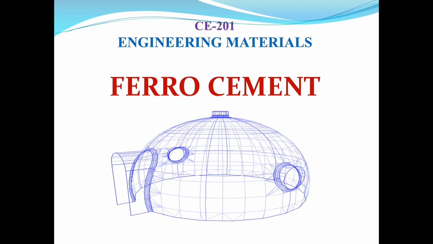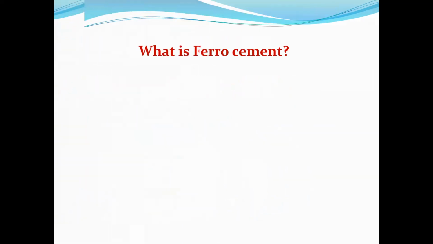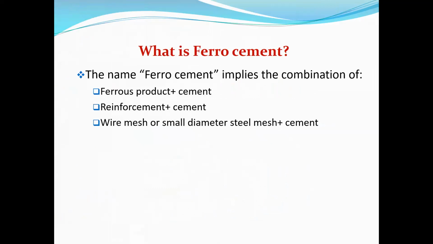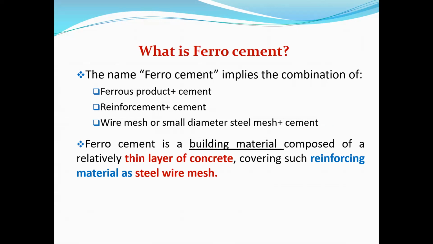Now we'll be seeing what is called ferrocement. What is ferrocement? The name ferrocement can be a combination of ferrous product and cement. Ferrous product means iron, in maximum cases, or welded bars, which are made of iron, or reinforcement, and cement, or wire mesh, or small diameter steel mesh plus cement.